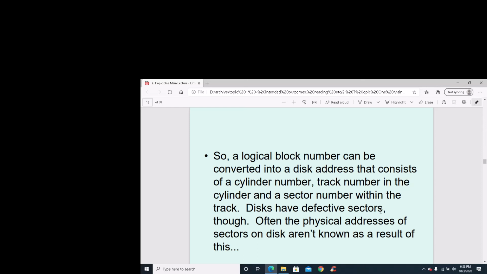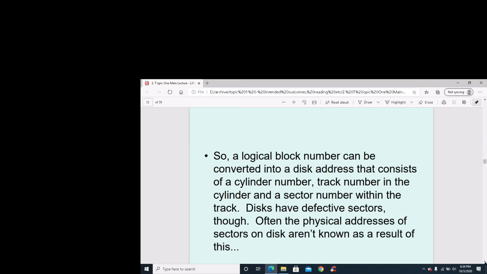Therefore, often the physical addresses of the sectors on the disk aren't known as a result of this. So the idea is that if you conceptualize your data in terms of a one-dimensional array, you can map each element of that array onto a physical sector on the hard disk.